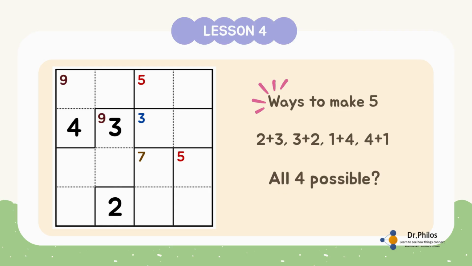There's a 3 and a 2 in column 2, so 2 plus 3 and 3 plus 2 won't work because it makes a duplicate. Then it has to be 1 plus 4 or 4 plus 1. There's a 4 in column 1, so 1 plus 4 has to go in.